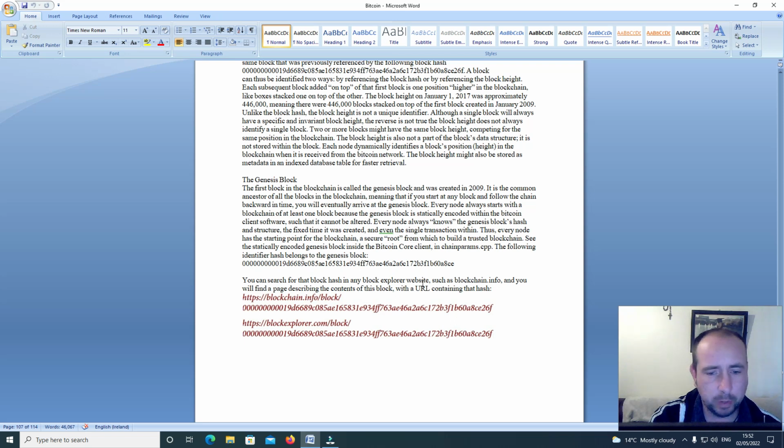The following identifier hash belongs to the Genesis block. You can search for that block hash in any block explorer website such as blockchain.info, and you will find a page describing the contents of this block, with the URL containing that hash.